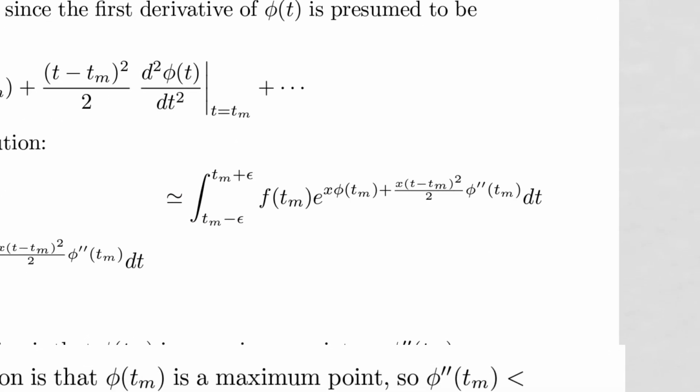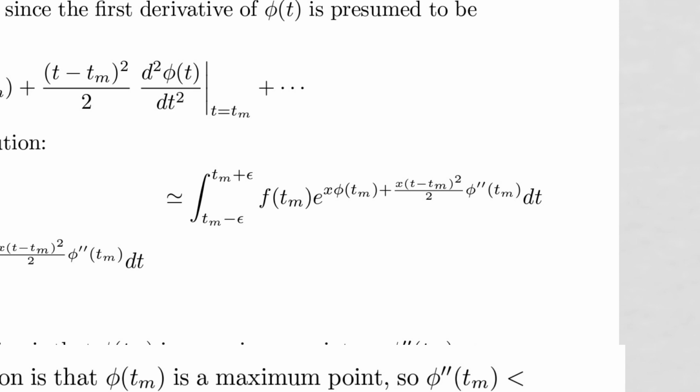And we're now going to evaluate f at the maximum, and we're going to take e and raise it to the power of that Taylor series. So you'll see our independent variable x is now appearing in each term. And this is going to be the integral we are going to focus on.